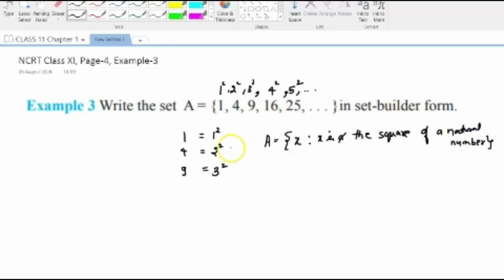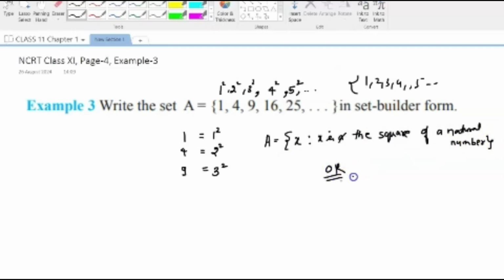Because if you see carefully, what are the elements of the set? 1 square, 2 square, 3 square, 4 square, 5 square. So 1, 2, 3, 4, 5. These are natural numbers, right? So A is equal to {x such that x is the square of a natural number}.